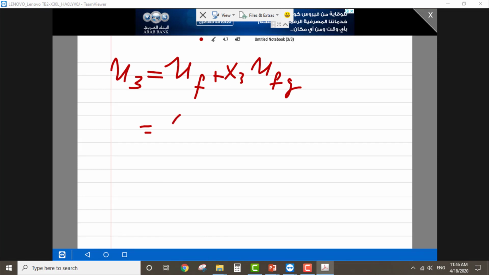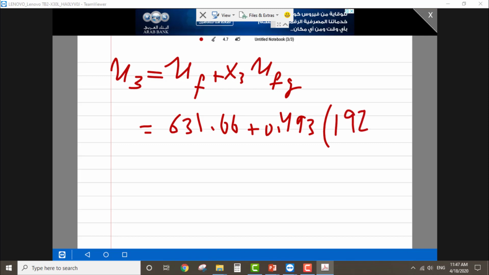Okay, so let me write them down. So we have 631.66 plus 0.493 multiplied by ufg, which is 1927.4.